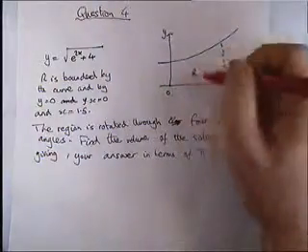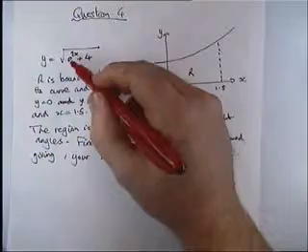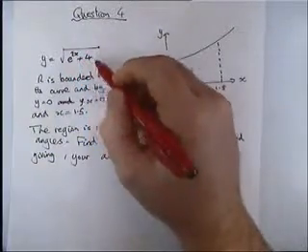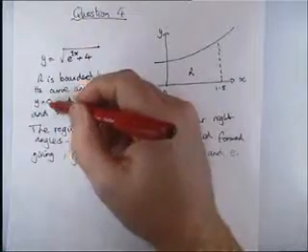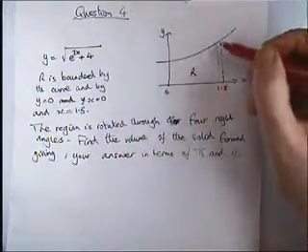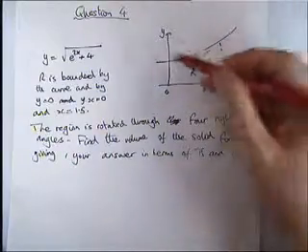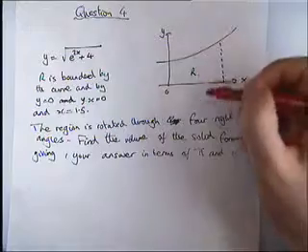And the area R is bound by the curve defined by y equals square root of e to the 2x plus 4, the x-axis, which is when y equals 0, the y-axis, x equals 0, and x equals 1.5. So we're going to rotate this area around the x-axis.